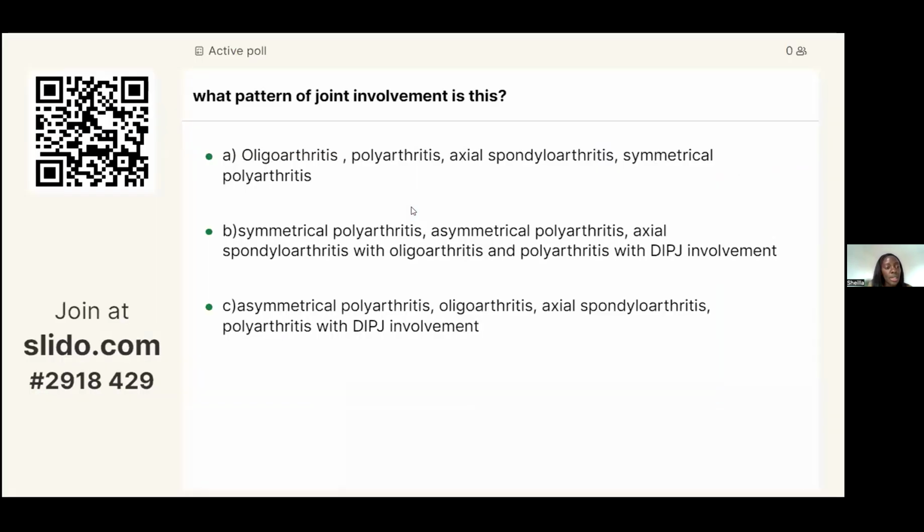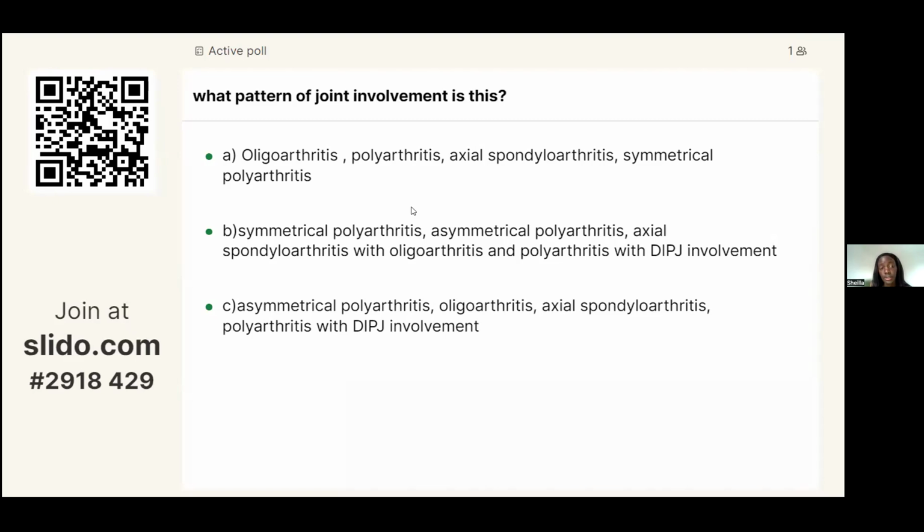So just go to the QR code, open Slido, and then select which options you think best represent the descriptions from the joint patterns above. If you want me to show the previous slide again, I'm happy to do it. Just let me know. Can you show it again, please? So you've all got the QR code.